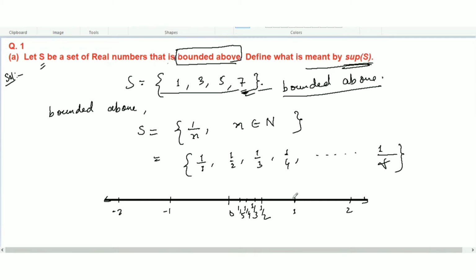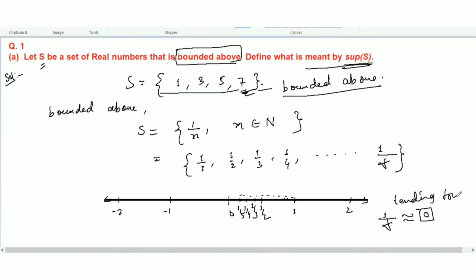So the set is coming in this way. What does that mean? If you go to 1 over infinity, you can say that it is tending towards 0. It is not equal to 0, but it is tending towards 0.